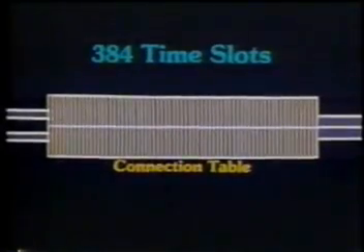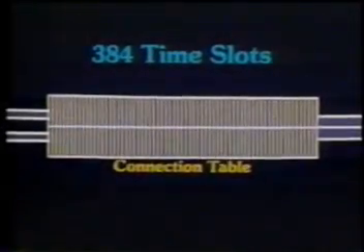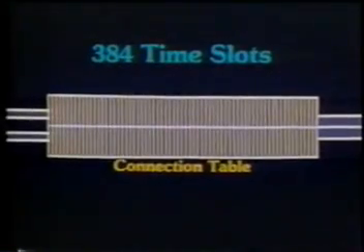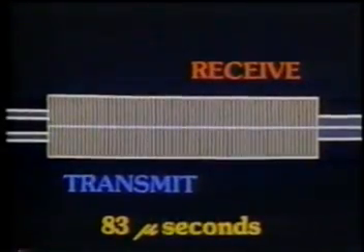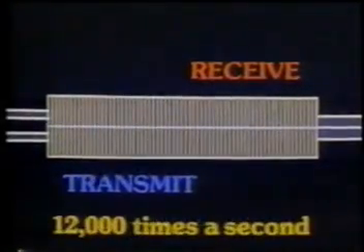And within one frame period on the connection table, there are 384 separate time slots for storing the switching commands. Therefore, each transmit and receive command is cycled every 83 microseconds, or 12,000 times a second.